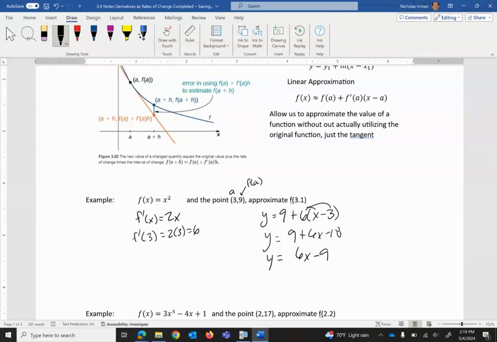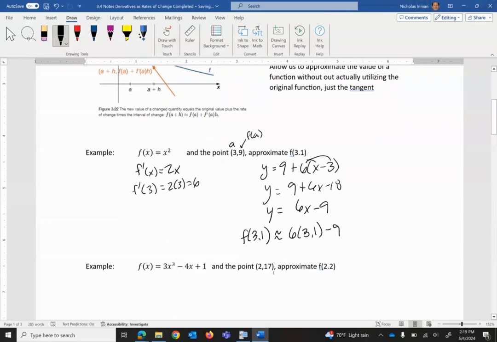The entire idea of linear approximation is that f of 3.1, plugging 3.1 into this equation, is pretty much the same as doing 6 times 3.1 minus 9. Big picture, I can do this literally in my head. 6 times 3.1 is 18.6, take away 9, that's 9.6.